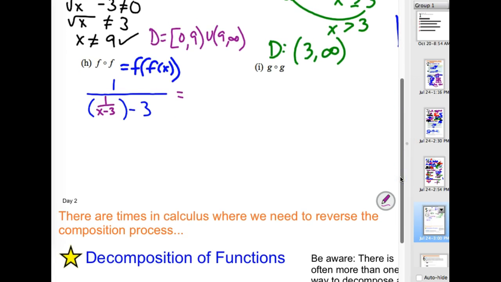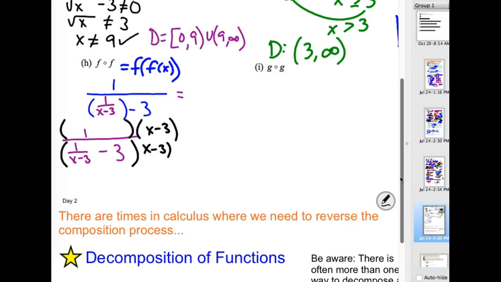So looking at this, we've got 1 divided by 1 over x minus 3, minus a 3. And when we talked about this last month, we said we can get rid of those fractions by timesing by the LCD, which in this case would be the x minus 3. So let's times the top by x minus 3 and the bottom by x minus 3. Okay? So we end up with x minus 3 on top.